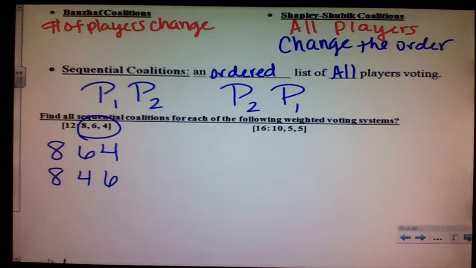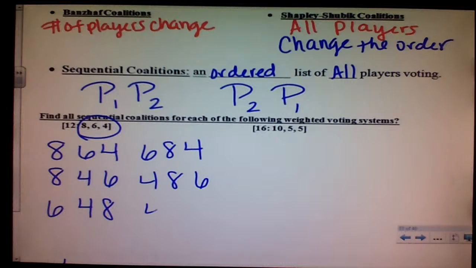No. So now change your starting person. Let's go to 6. 6, 4, 8 and 6, 8, 4. Now I can't do any more with 6 in first place. So 4, 8, 6 and 4, 6, 8. That's it. You just listed all of your sequential coalitions.